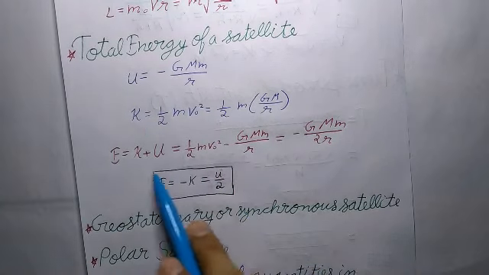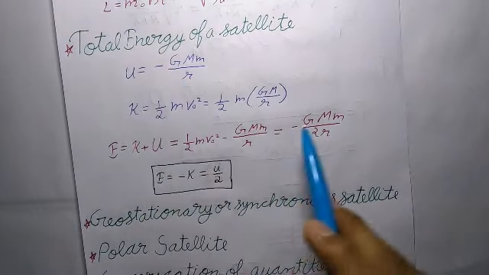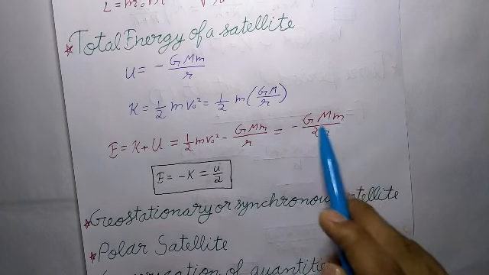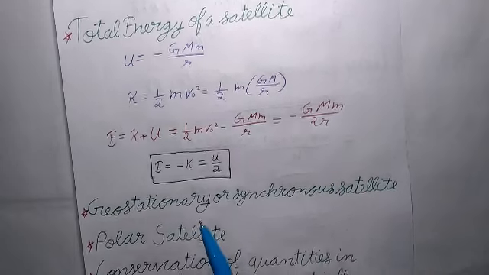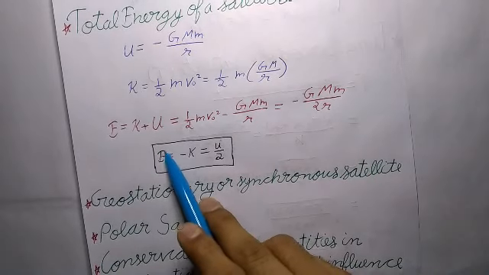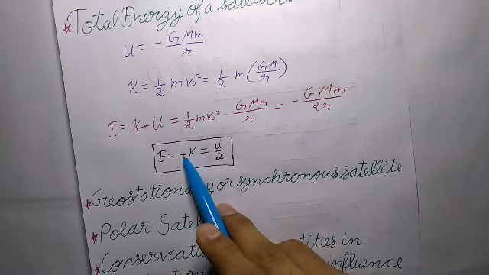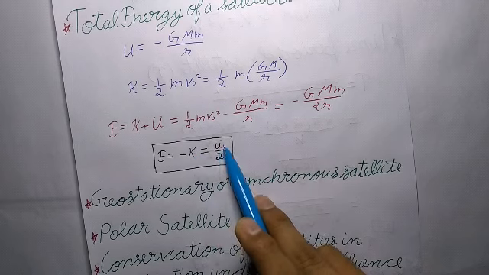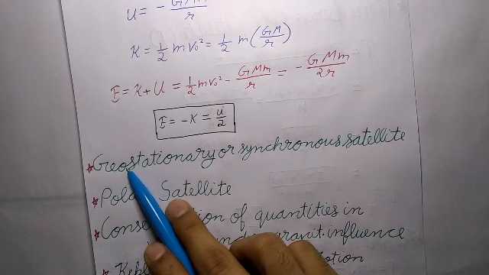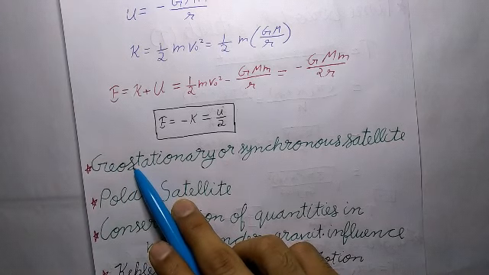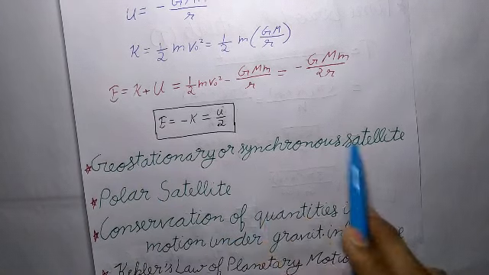On adding these two, we get minus GMm/2r. Clearly, total energy will be the negative of kinetic energy, which equals half of potential energy.